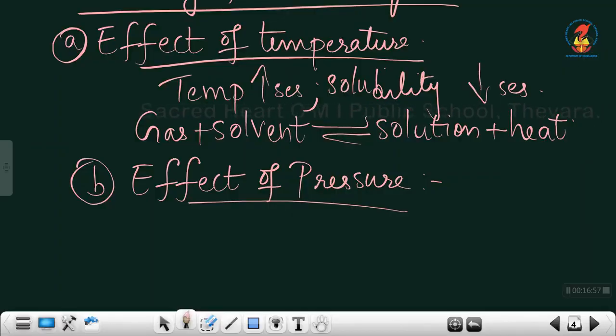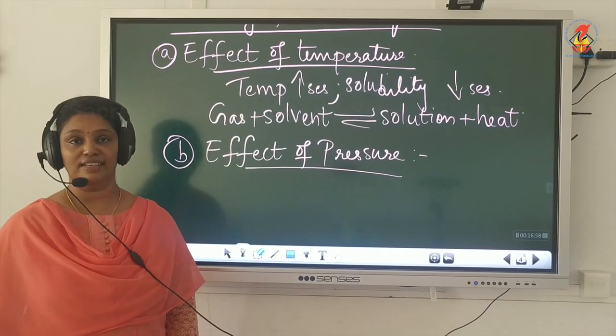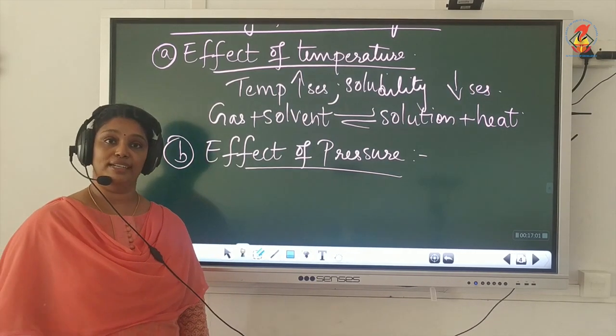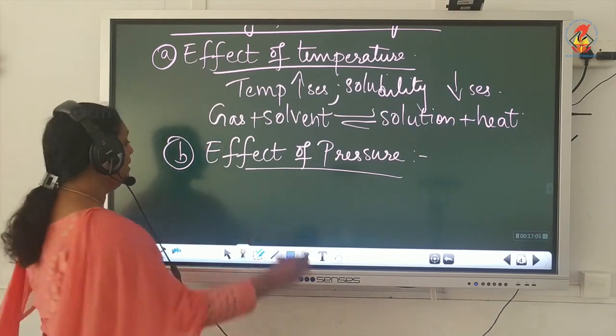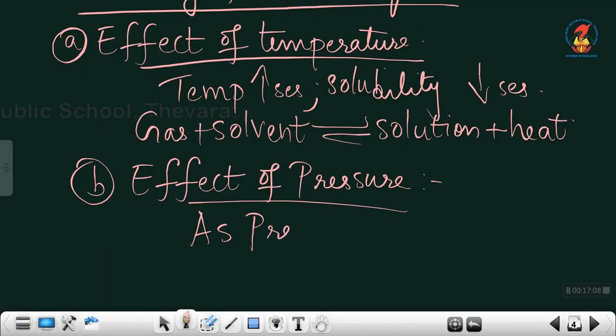Let's discuss the effect of pressure on solubility of gases in liquid. The solubility of gases in liquid increases with increase in pressure.